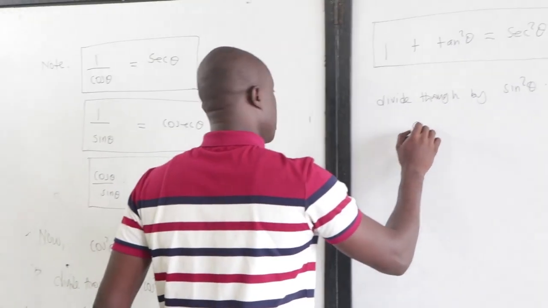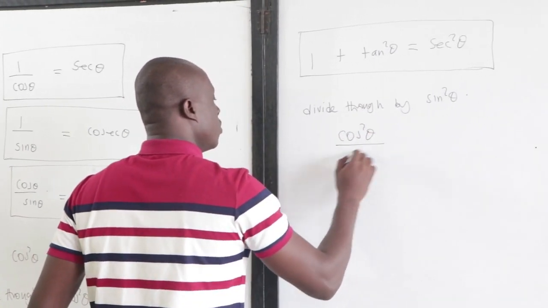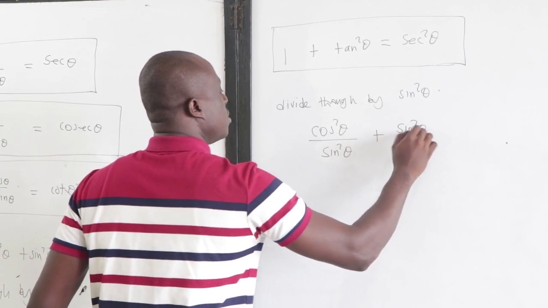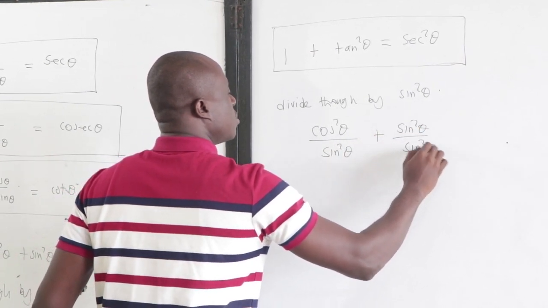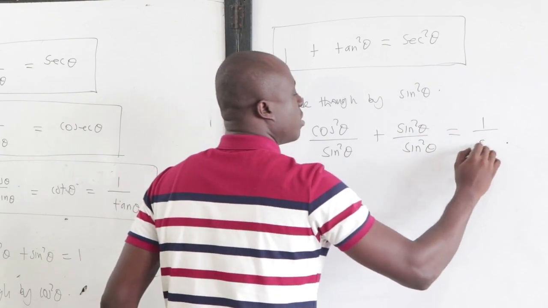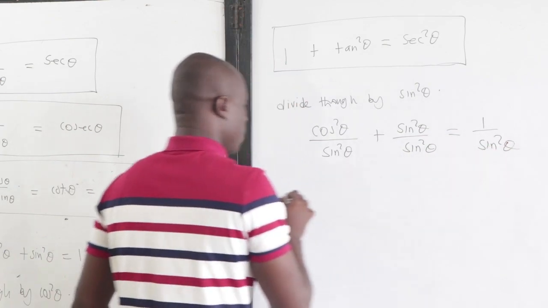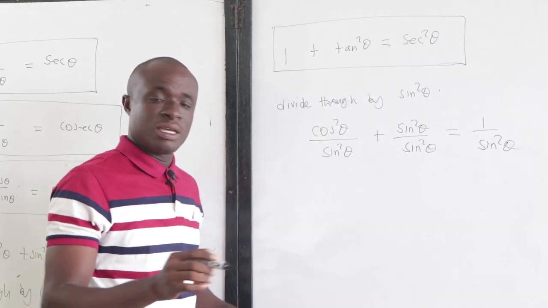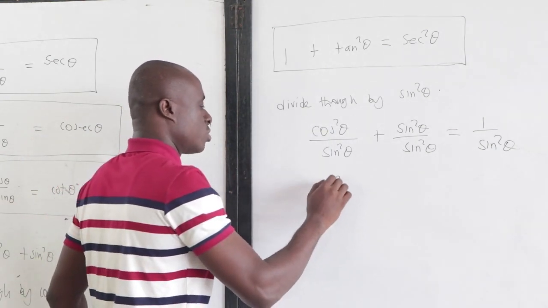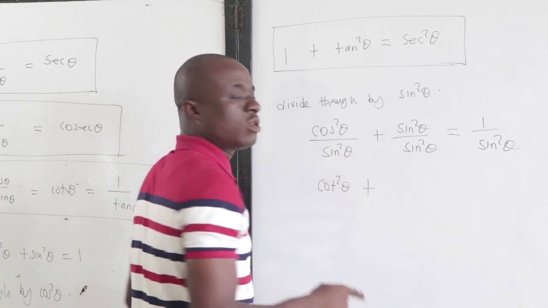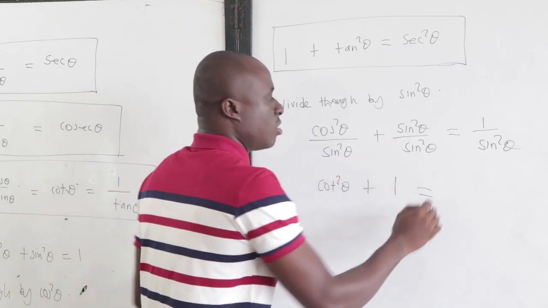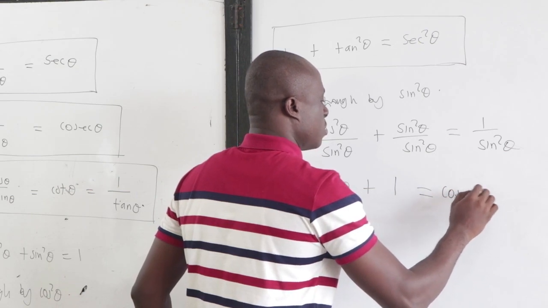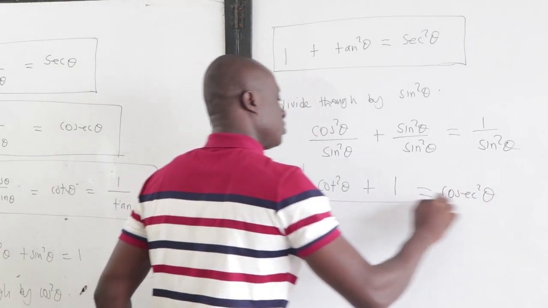So I'll be getting cos square theta over sine square theta plus sine square theta all over sine square theta equal to 1 all over sine square theta. Now cos over sine is cot, so that will be cot square theta. Sine over sine, that is 1. 1 over sine is cosec, so we have cosec square theta.